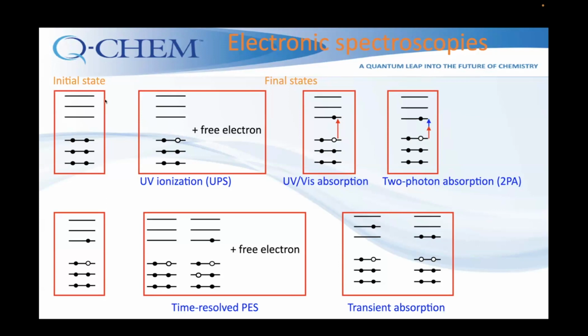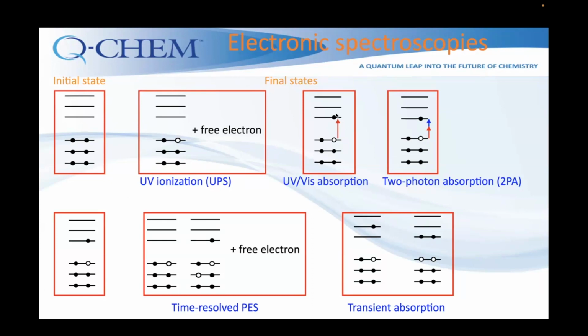At the top panel, we see the initial state, the typical ground state of a molecule, and then we can use UV ionization spectroscopy, often abbreviated as UPS. In this approach, we kick out an electron by light, we detect the electrons, and we study their properties, and from that we get information about molecular levels.